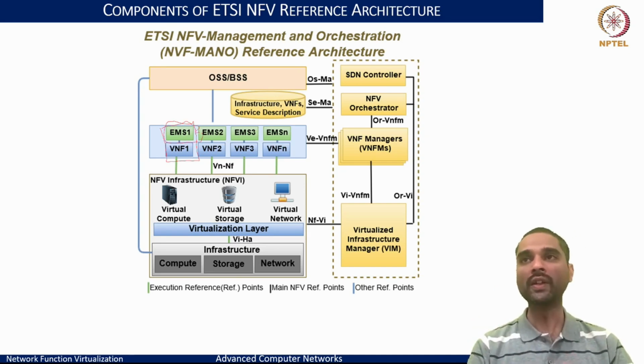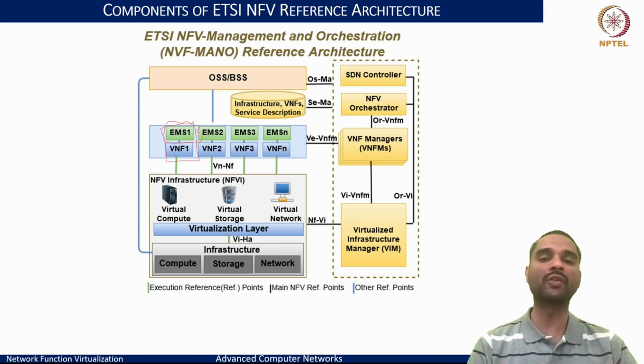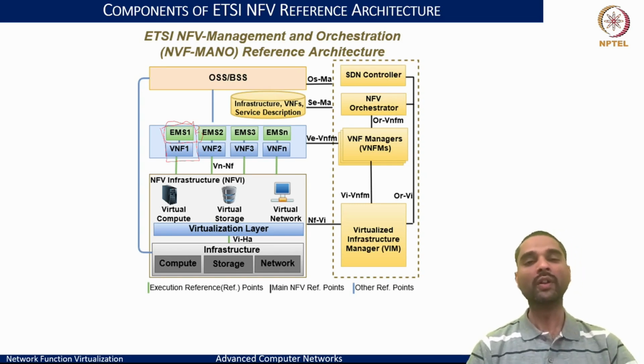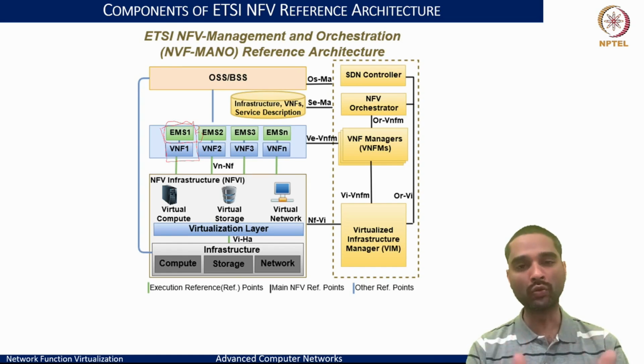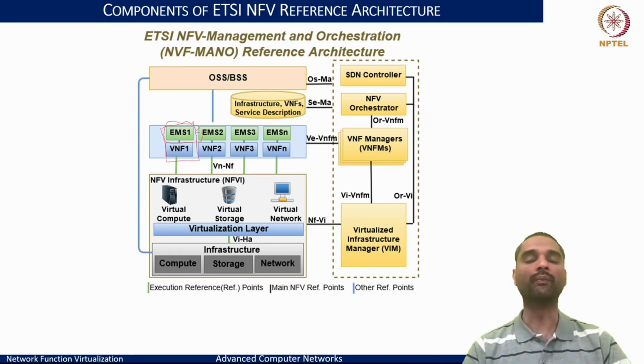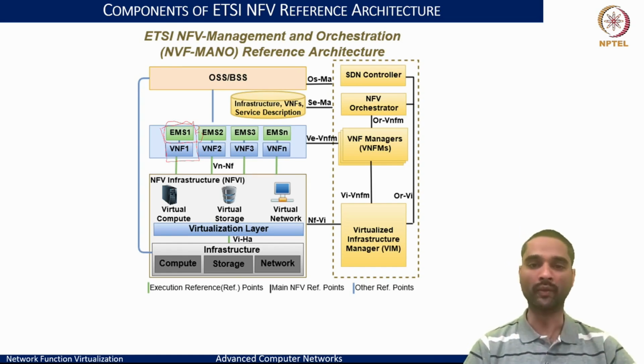And note that these element management systems can themselves be deployed as virtual machines or virtual instances that would run on the same infrastructure. But this would provide us the handle to control and configure the network appliances that we would want to run.